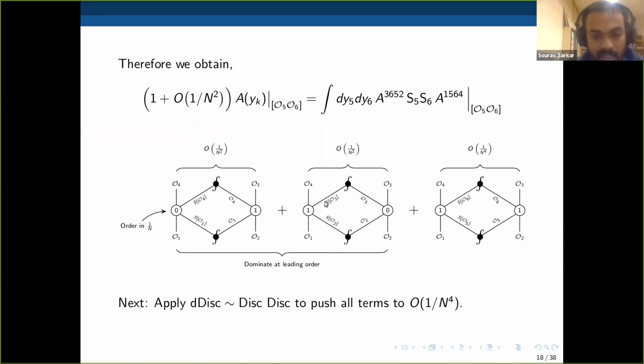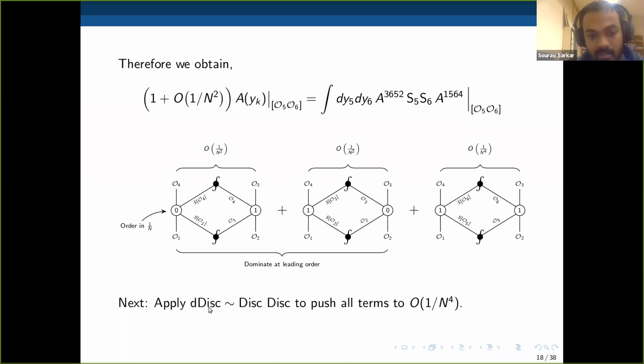When they are equal to one of the two pairs, then one of these two correlators at leading order is a mean field theory correlator. Let's say this number in the blob represents the leading order in 1 over n. These diagrams start showing up at 1 over n squared, but when 5 and 6 are distinct from the external pairs, that shows up at 1 over n to the 4. But we want to include this too.